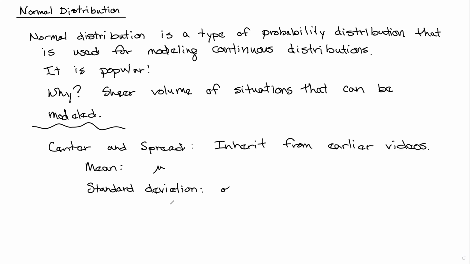Just like earlier in the semester, the mean is going to represent the center, and the standard deviation is going to represent the spread. The standard deviation basically separates thin and tall normal distributions from wide and short.